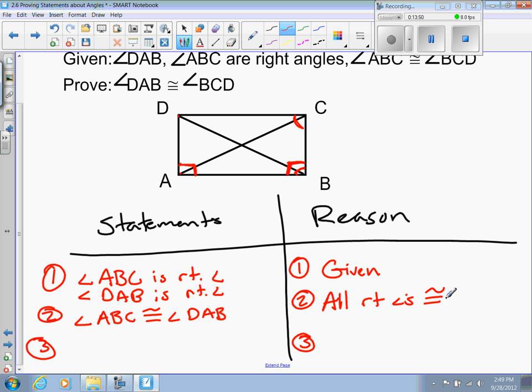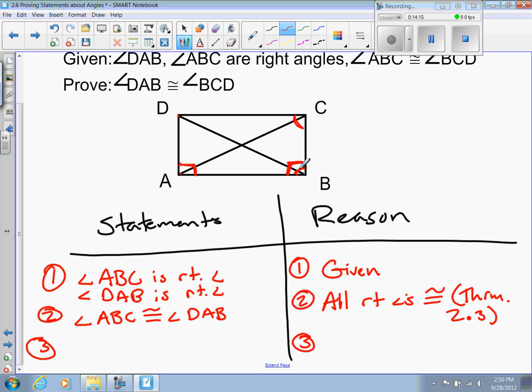That was a theorem. If you look it up, the theorem number, I think that was in chapter 2, so it starts with a 2, and it was the third theorem in chapter 2. So that's theorem 2.3. You could either write all right angles are congruent, because if it's in your head, that's what you remember, or if you look up the theorem, you can use that.